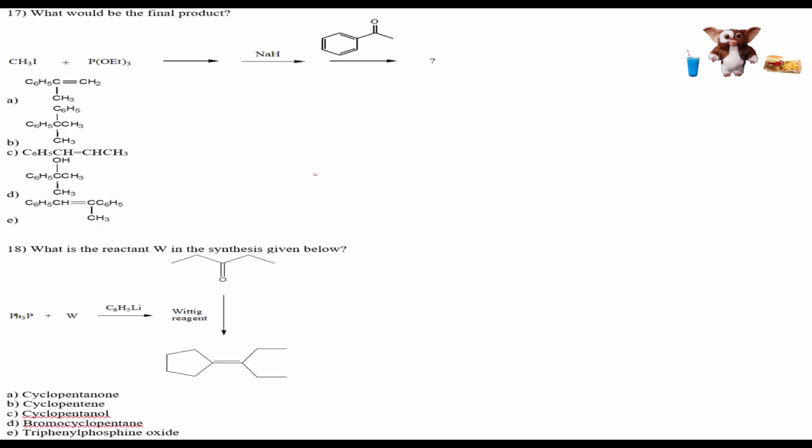Number 17, what would be the final product? Again, this is going to be a Wittig reaction, okay? So what happens here is that we have a primary halide, and we're going to be reacting it with some phosphorus with triphenyl. This breaks towards the iodine, making this positive carbocation on the carbon.